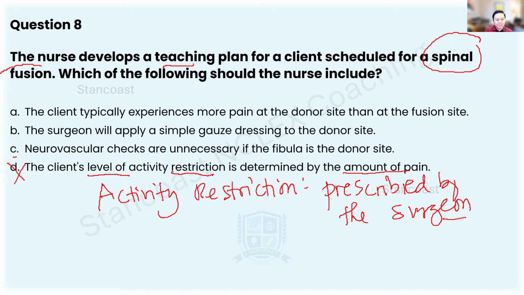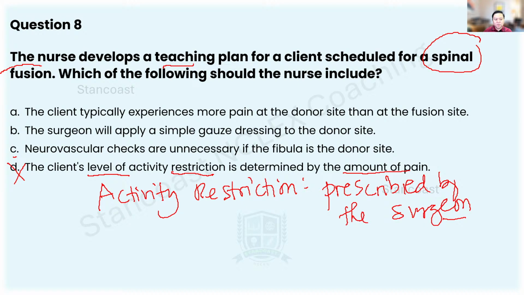What about letter C? Neurovascular checks are unnecessary if the fibula is the donor site. Unnecessary? They're critical.